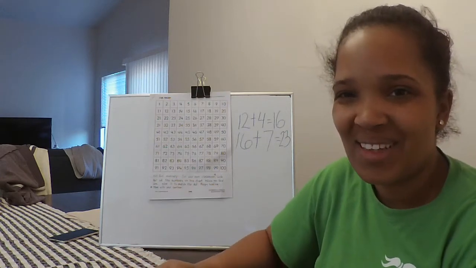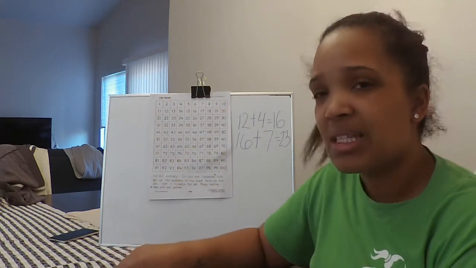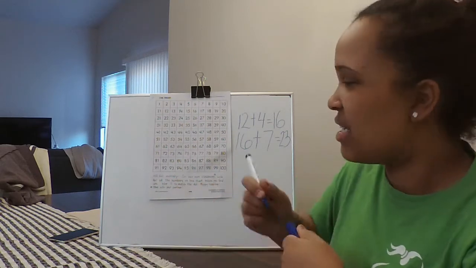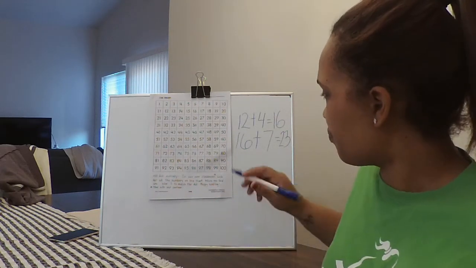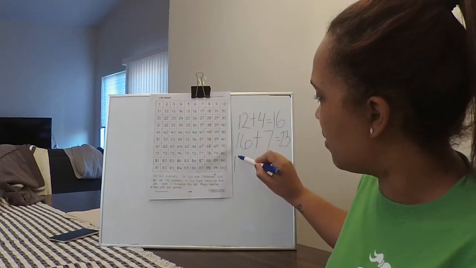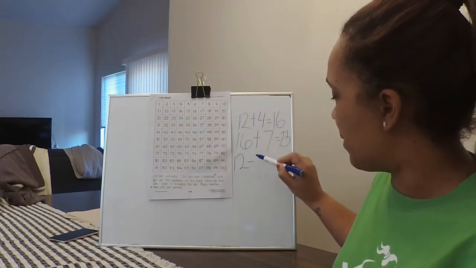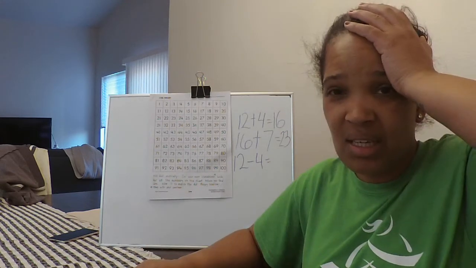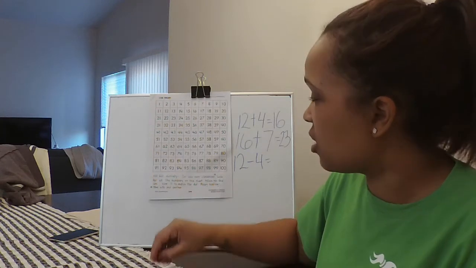I hope you're following along and that makes sense at home. Let's try a subtraction one also using the 100th chart and see if that makes sense. So let's try our same numbers we have here actually. Let's try 12 take away 4. 12's in my head. I'm going to find it on my chart.